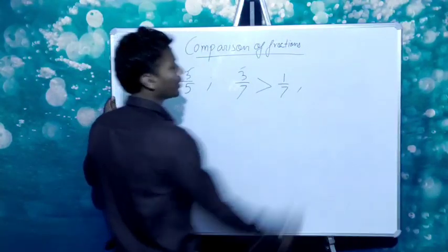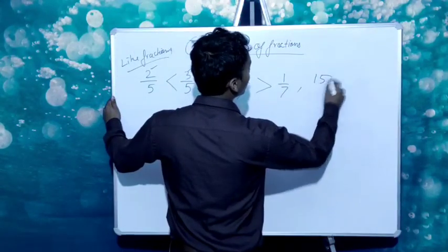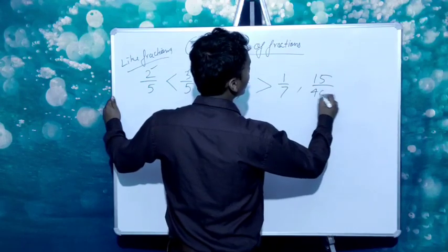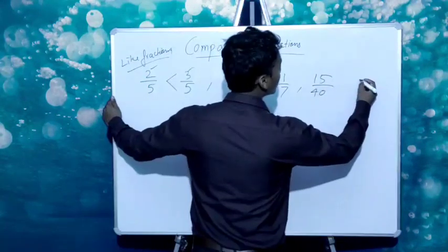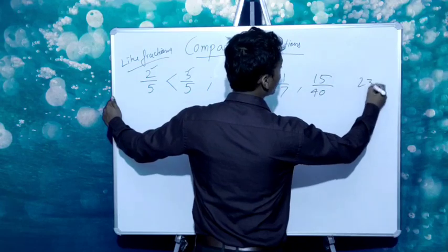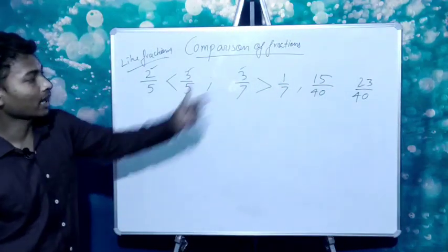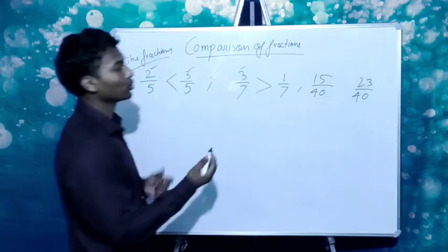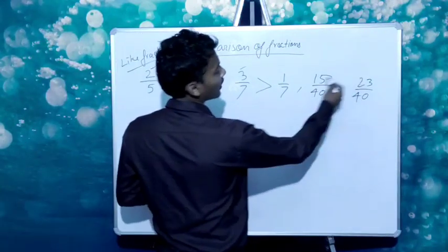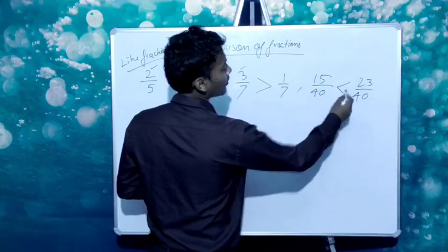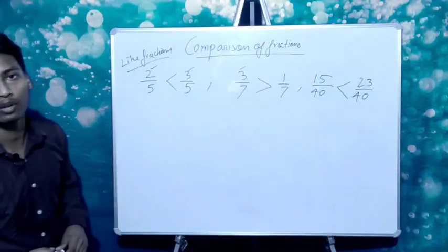Let's take another example. So 15 by 40 and 23 by 40. So again it is a case of like fraction. So just look at the numerator, 23 is greater than 15, so 23 by 40 is greater than 15 by 40.